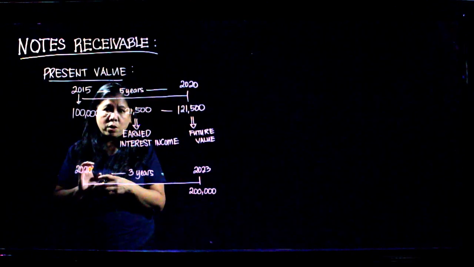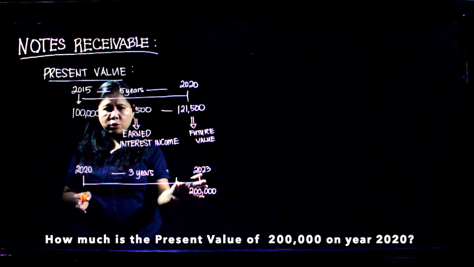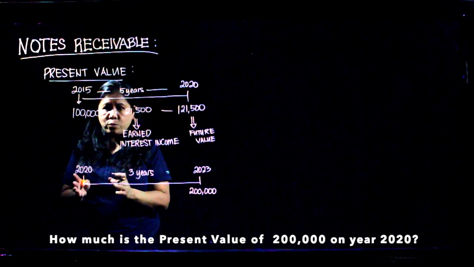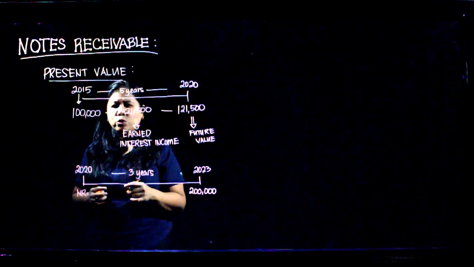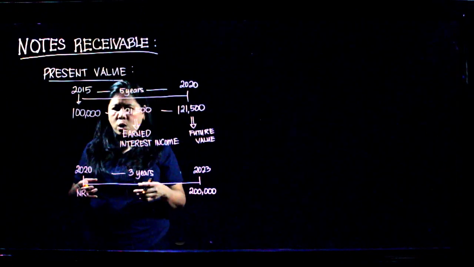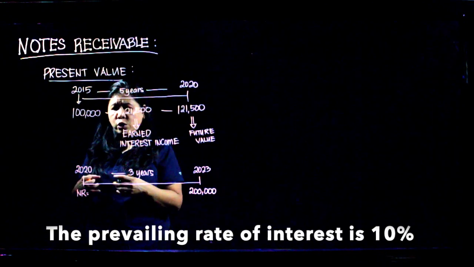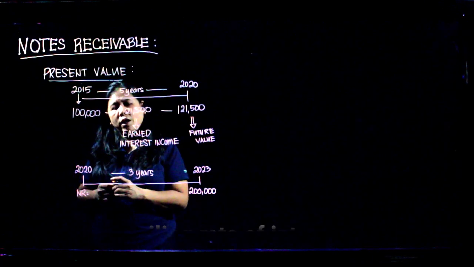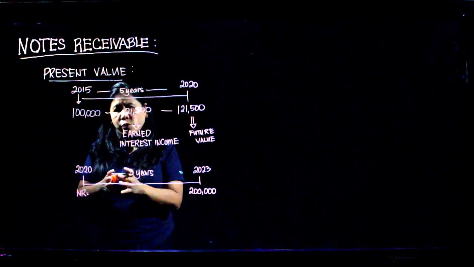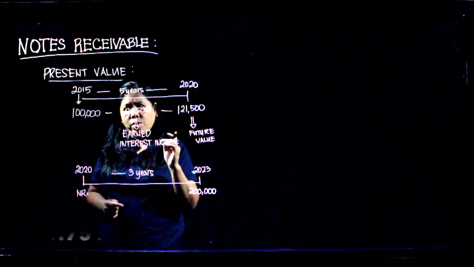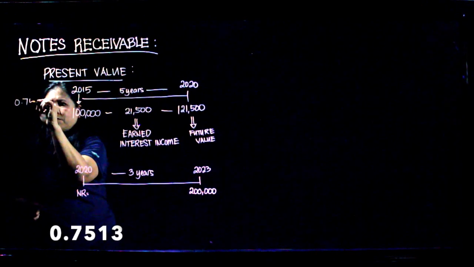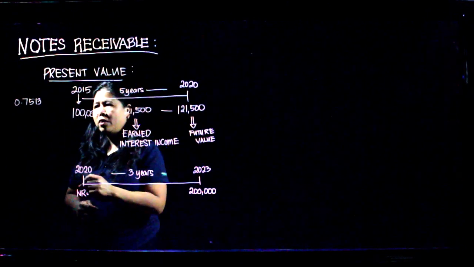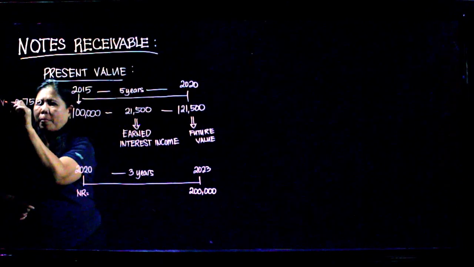How much is the present value of the 200,000 future value in 2020? Let's say the prevailing rate of interest for a note of this type is 10%. The present value of one at 10% for 3 years is 0.7513. I just memorized that. That's the present value of one.